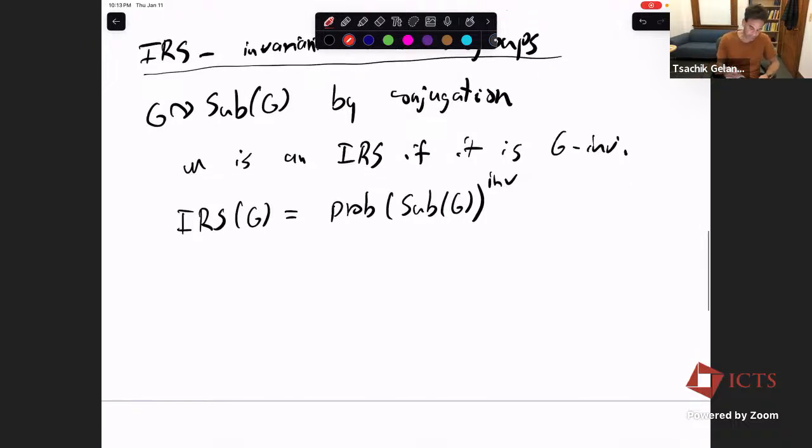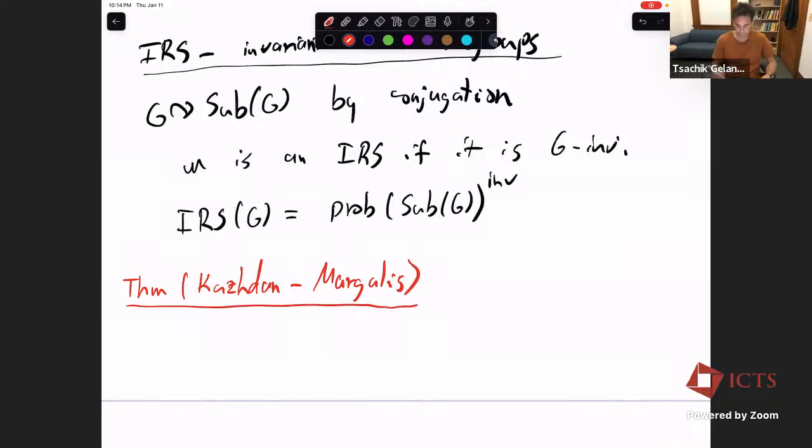So the first is reproving a classical result, the theorem of Kazhdan and Margulis. Now G is any semisimple Lie group, not just SO(n,1). It could be SL_n(R).